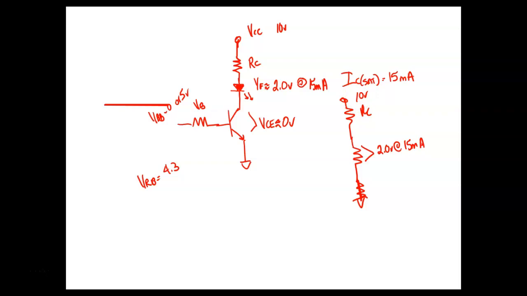This is DC. I'm using Kirchhoff's law. The sum of the voltage drops in a series circuit has to equal the applied voltage. The current flow in a series circuit is the same. So I've given you the current, and I'm giving you the voltage drop right here. I have to choose a resistor that's going to drop 8 volts: 10 volts minus 2 volts, at 15 milliamps. So what size resistor would I use?